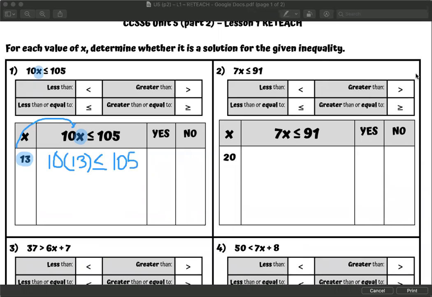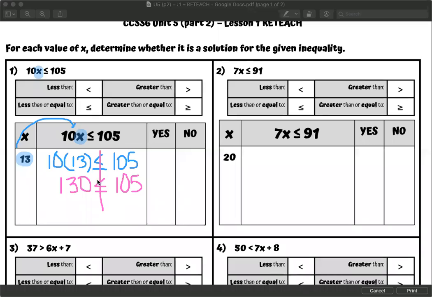And then all I'm doing here is I'm calculating. 10 times 13 is 130. Bring down my inequality sign, less than or equal to 105. So now we are just trying to determine if this statement is true. So I want to highlight again.